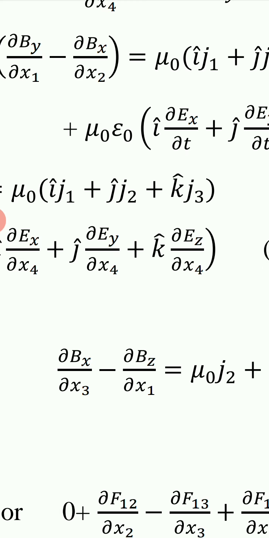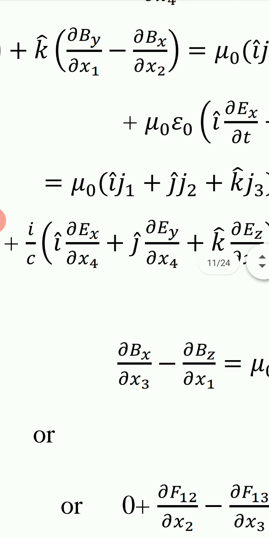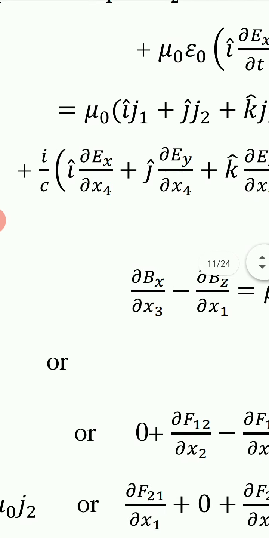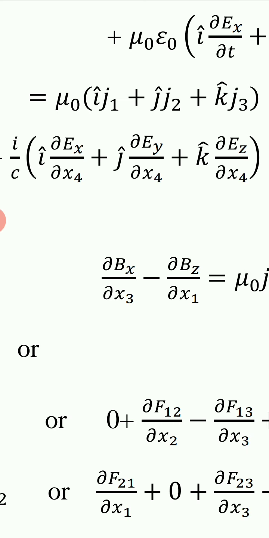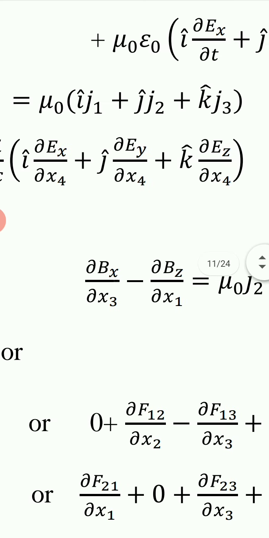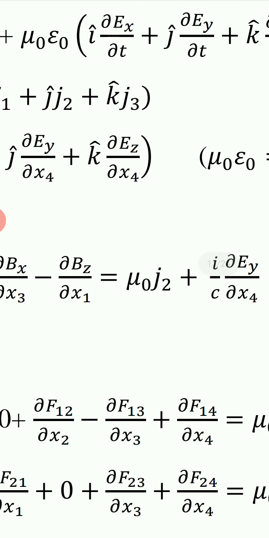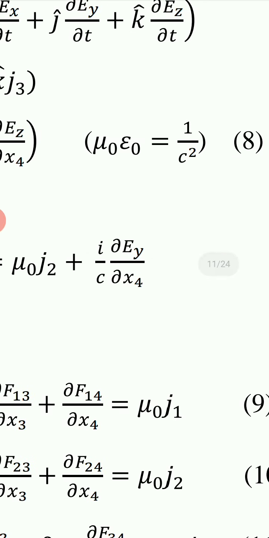We multiply the denominator by IC, so we have to multiply the numerator by IC. So multiply and divide by IC, and for ICT we write x4. So second term in right hand side becomes I upon C into (I cap delta Ex upon delta x4 plus j cap delta Ey upon delta x4 plus k cap delta Ez upon delta x4).